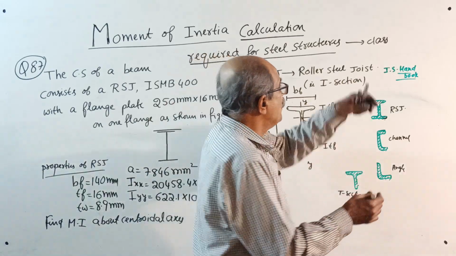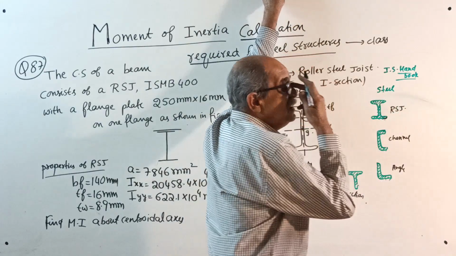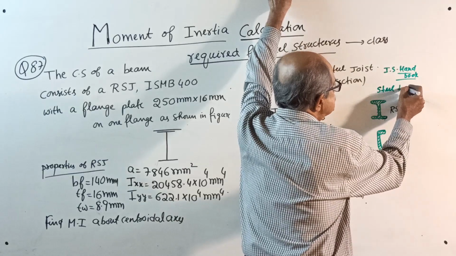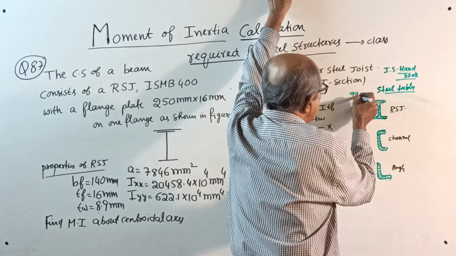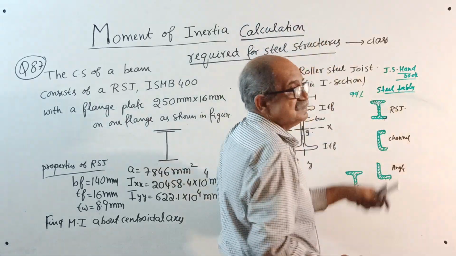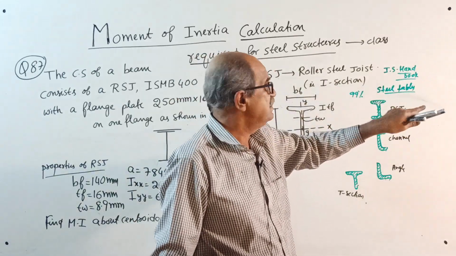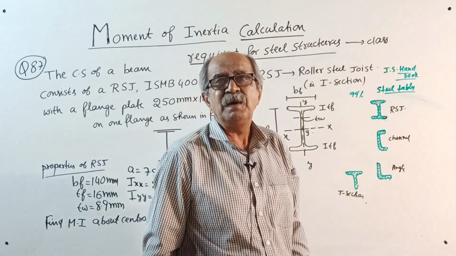That is very popularly called steel tables. Not steam tables; steam tables come in mechanical engineering. It is steel tables. Usually, 99% of people use steel tables, very few use the IS handbook. Actually, steel tables were copied from the IS handbook with permission.